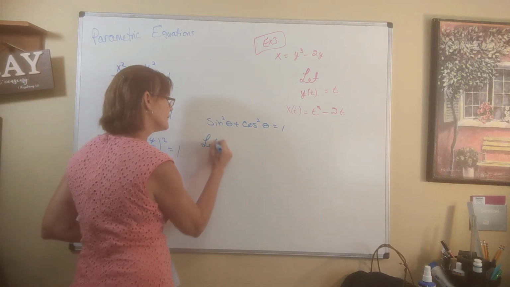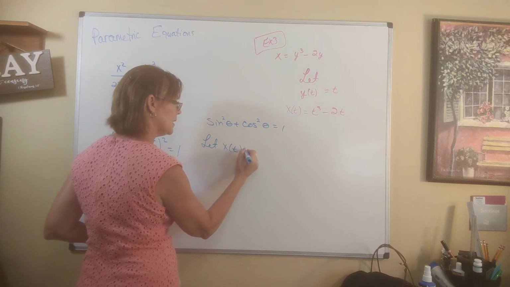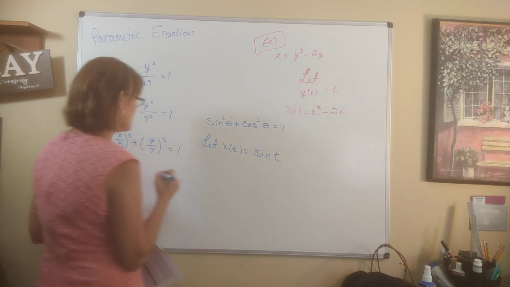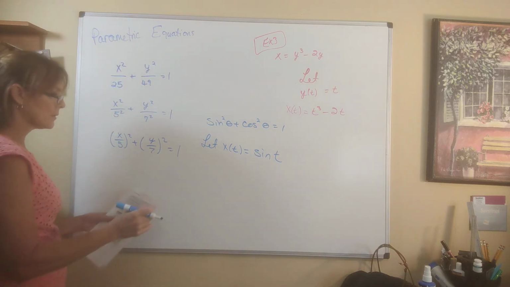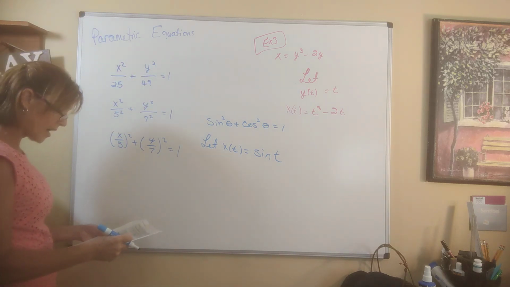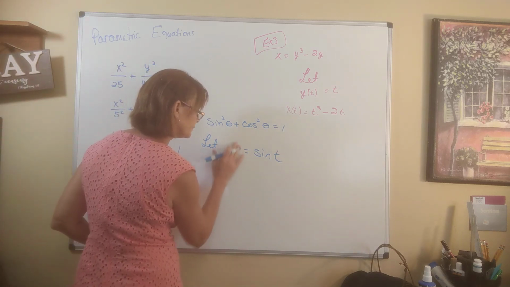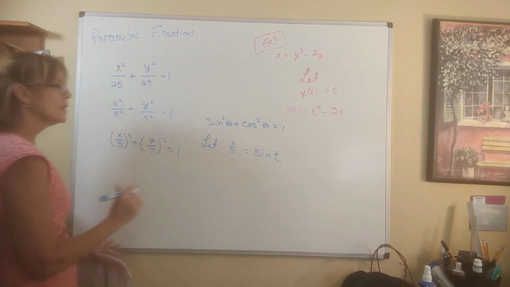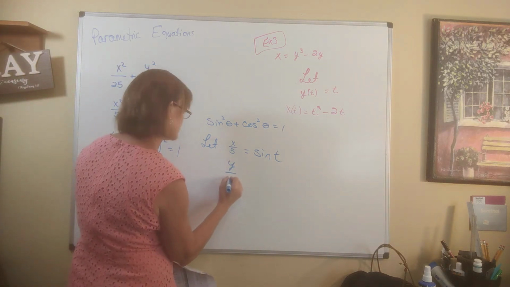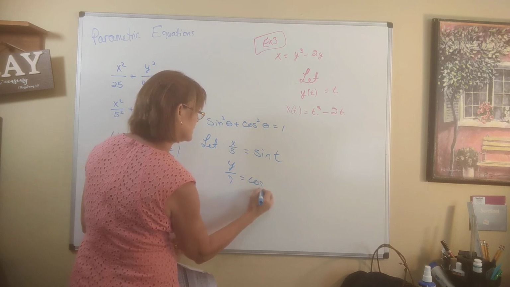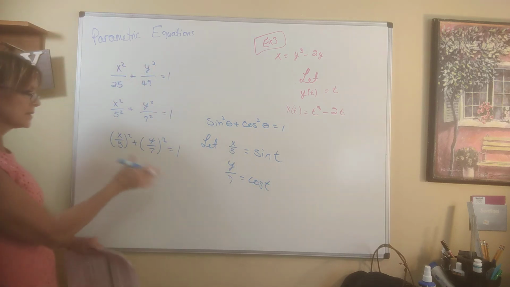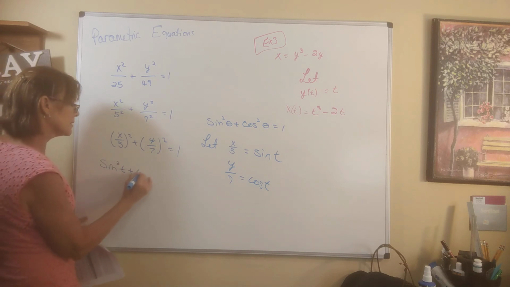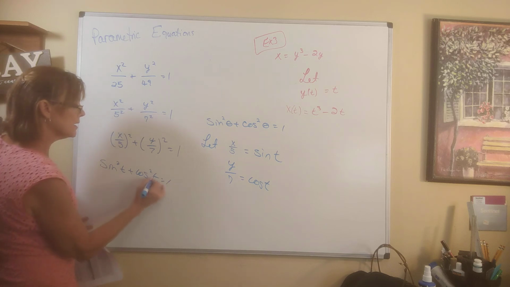We could let x over 5 equal to the sine of t. And then we could let y over 7 equal to the cosine of t. And then we could rewrite this equation as sine squared of t plus the cosine squared of t is 1.